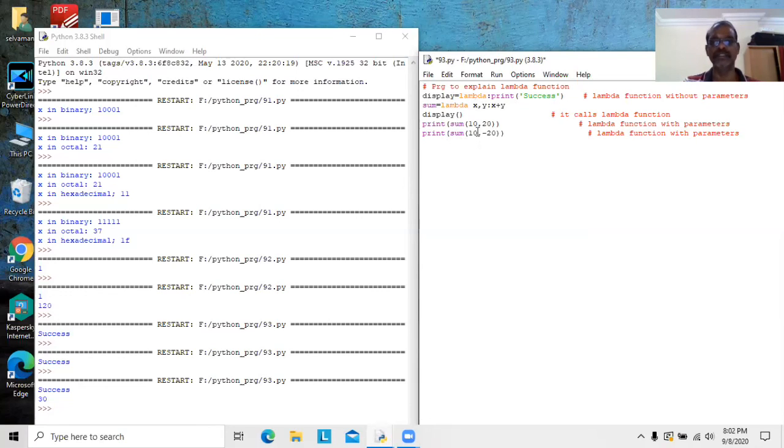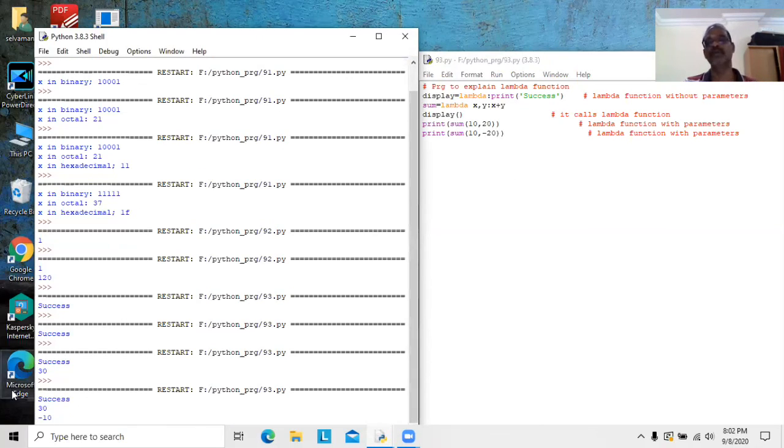X will be assigned 10, y will be assigned minus 20. Now sum will be assigned 10 minus 20, that is minus 10. It will return minus 10, and minus 10 will be printed out. See, that is what is called a lambda function.